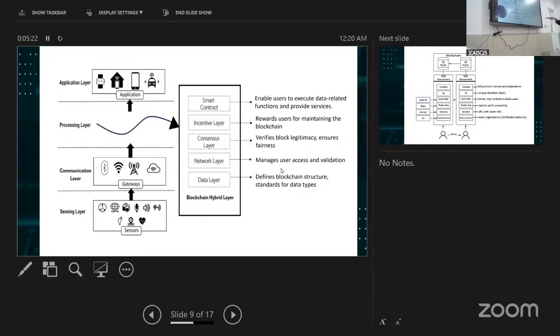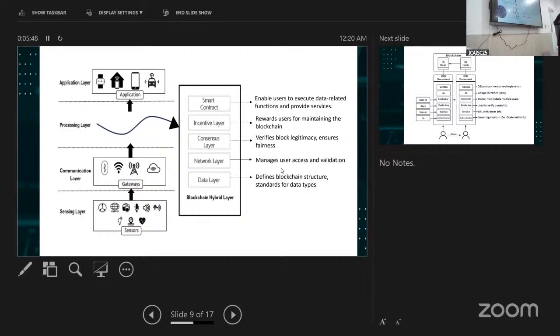The data layer is where we define the blockchain structure and also the data type. The network layer is where we manage the user access and validation. The next one, the consensus layer, is where we verify whether the block is legitimate or not. Then the incentive layer, where the user is rewarded for maintaining the block.